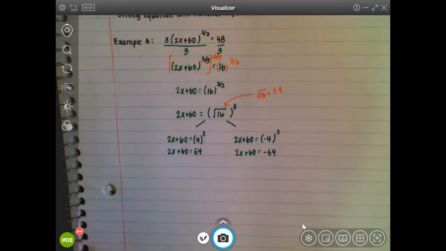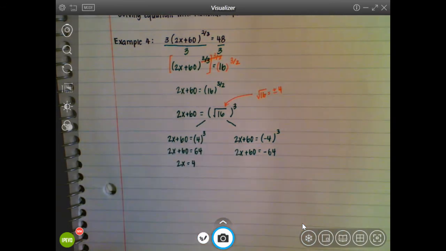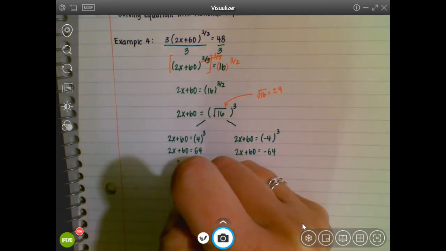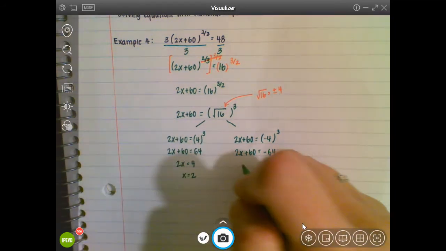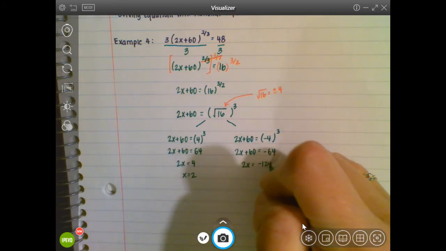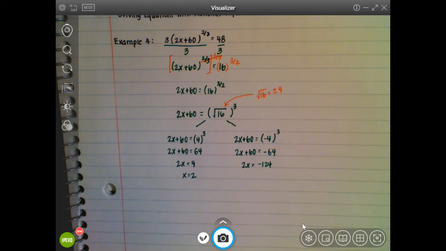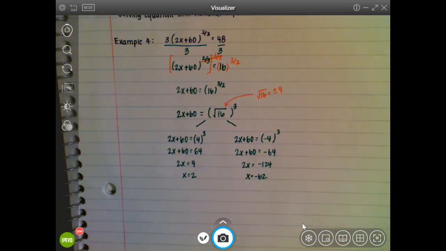So if I continue solving this left-hand equation, subtract 60, that's going to give me 2x equal to 4. That's going to give me one possible x value of 2. Over on the other side, if I subtract 60, that's going to give me 2x is equal to negative 124. And then divide that by 2. That's going to give me a value of negative 62.